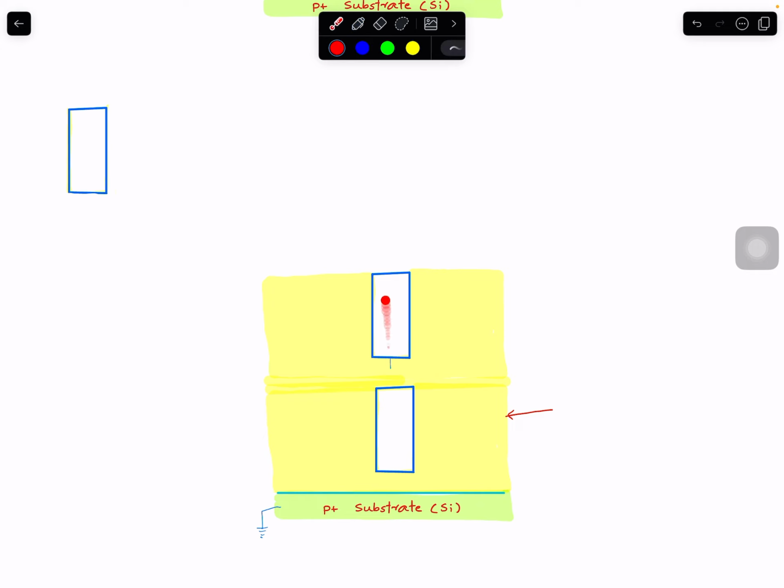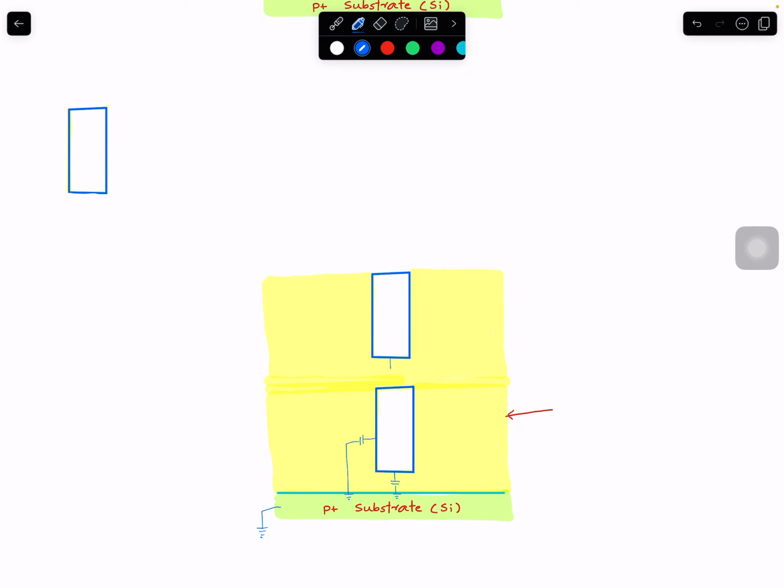This one has a current flowing through it, so they're on a higher level. Then there is this capacitance component from the side, and this is ground. So think of this as grounded.